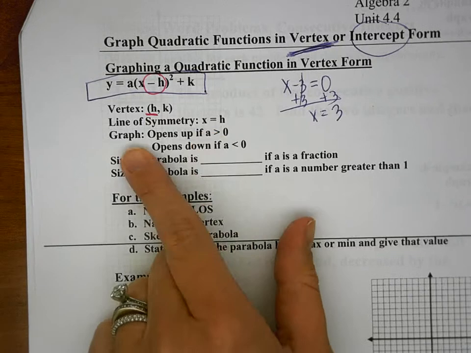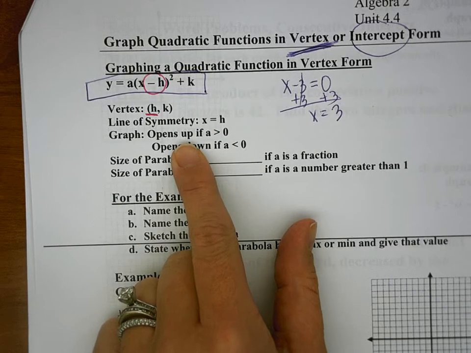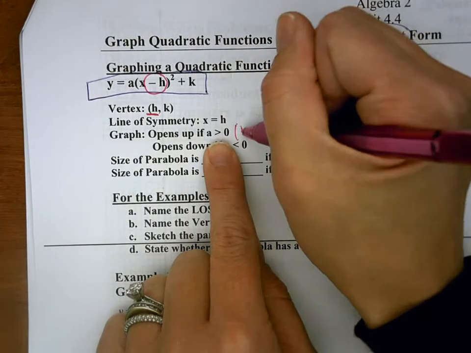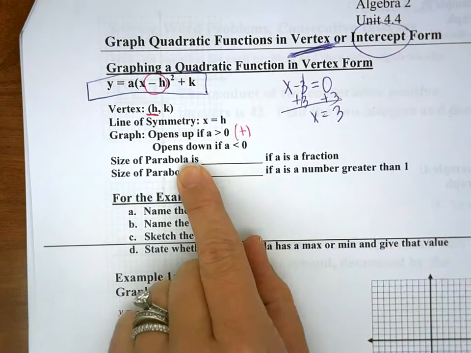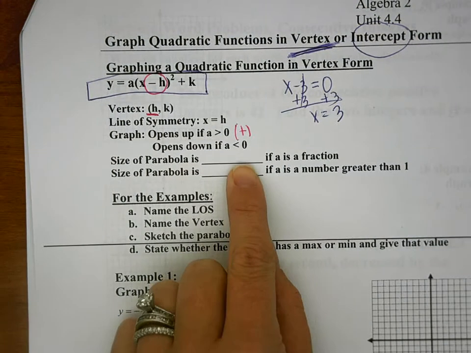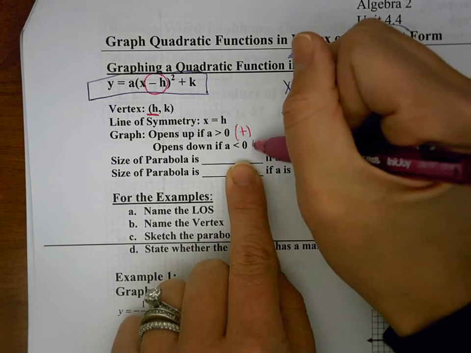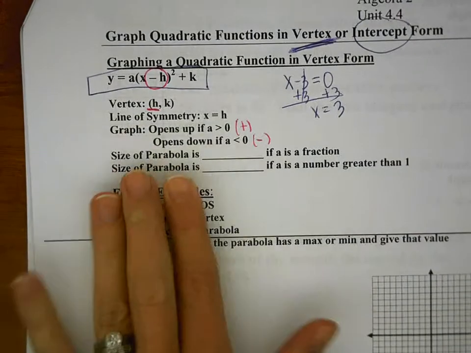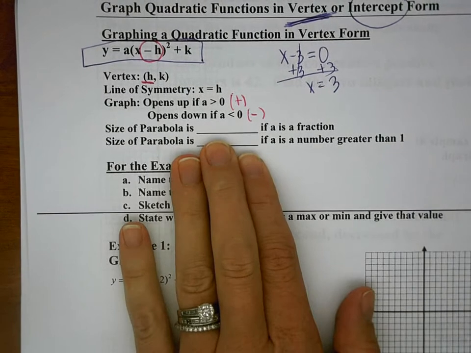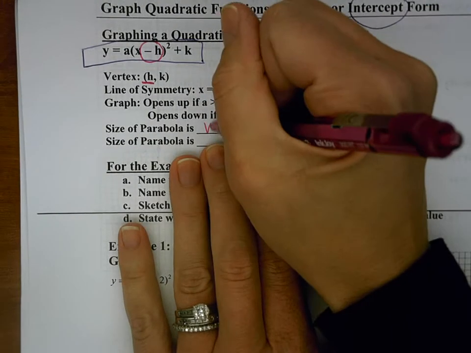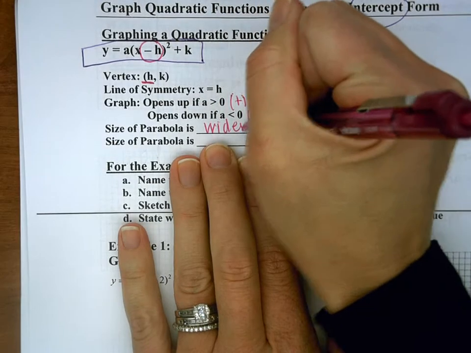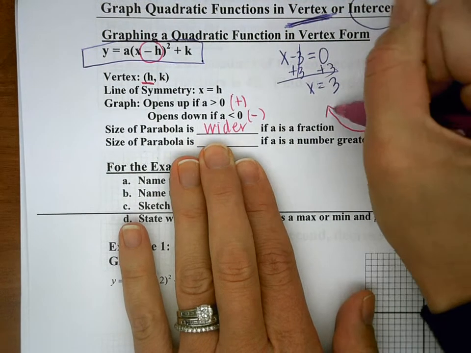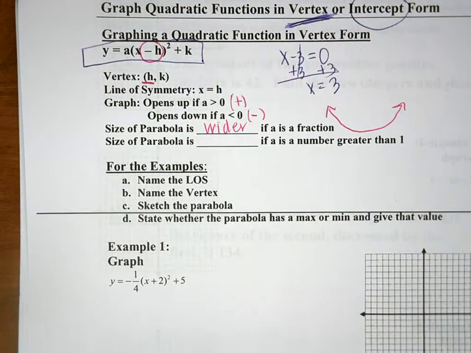Your graph opens up if a is greater than 0, which means that a is positive. Your graph opens down if a is less than 0, which means that a is negative. The size of your parabola is wider, and what I mean by wider is like this, if a is a fraction.